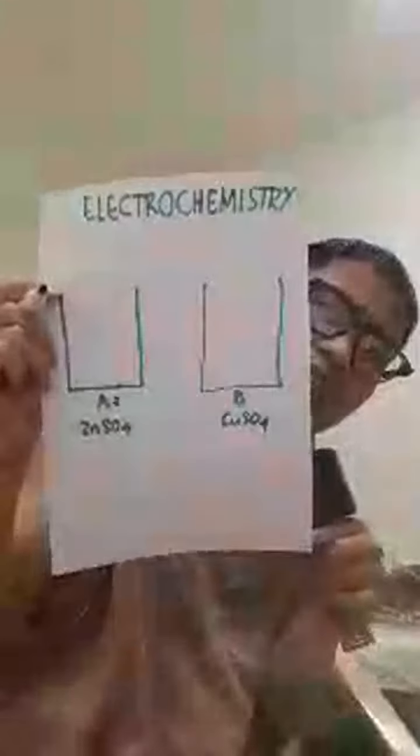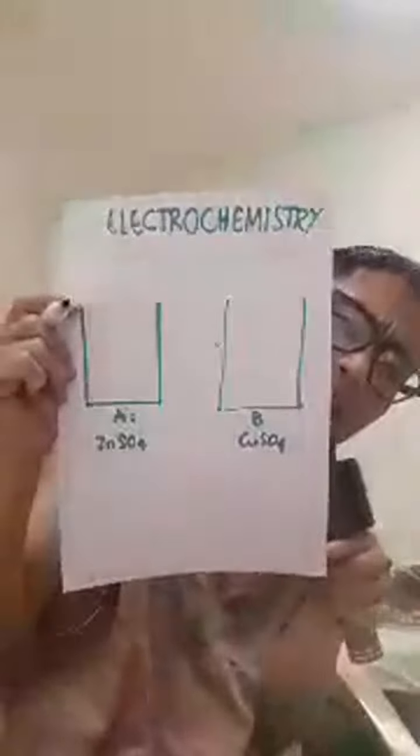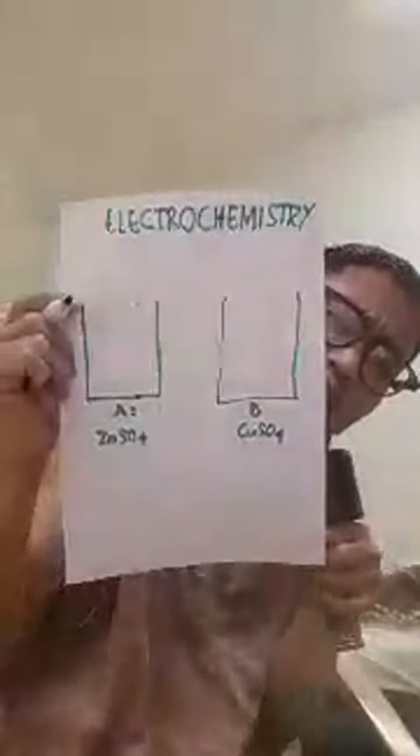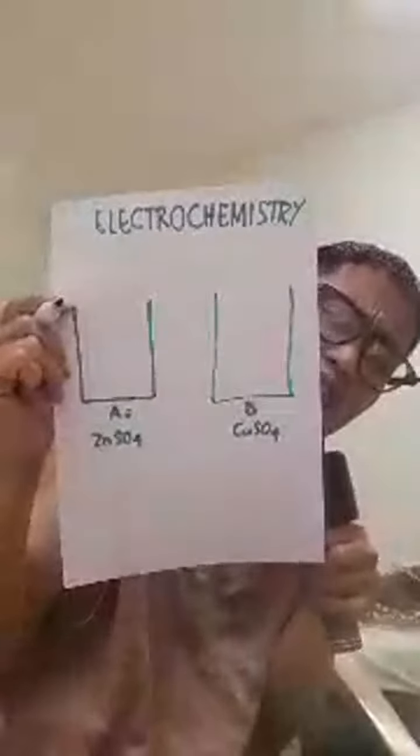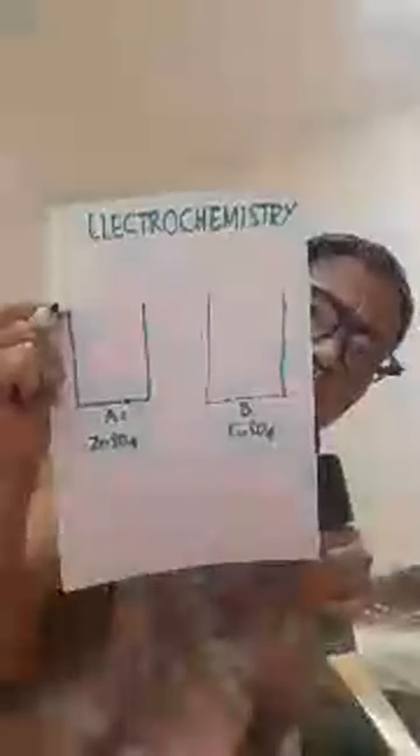The common part here is the sulfates, so there's a neutralization effect between the sulfate in each cell. We are not concerned with the sulfates, because they are common to both. We are focusing on the elemental substances attached, which are the copper and the zinc.